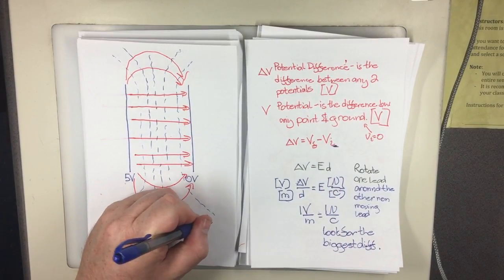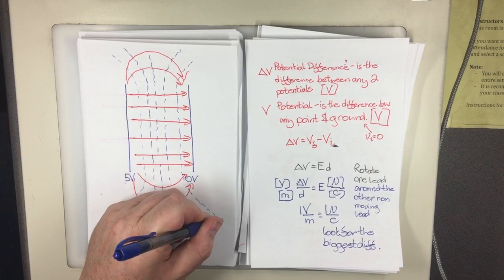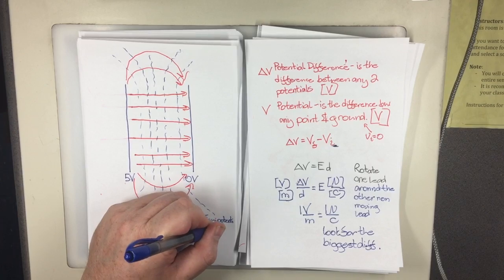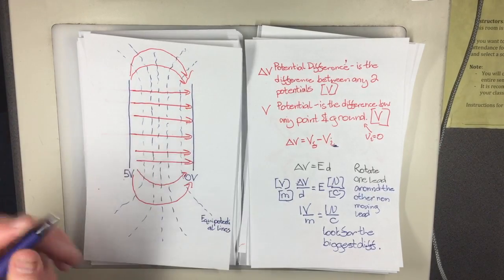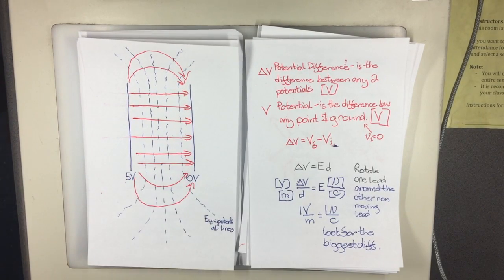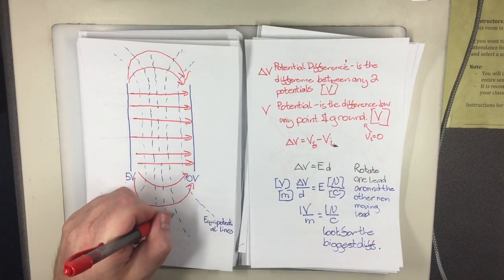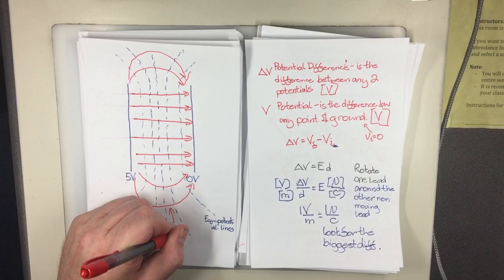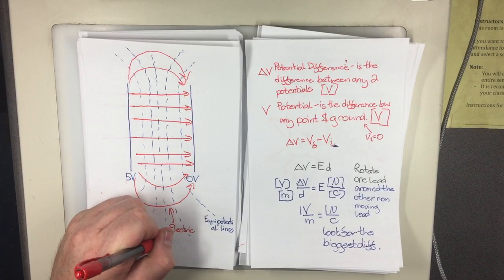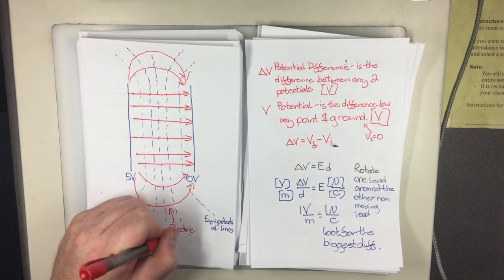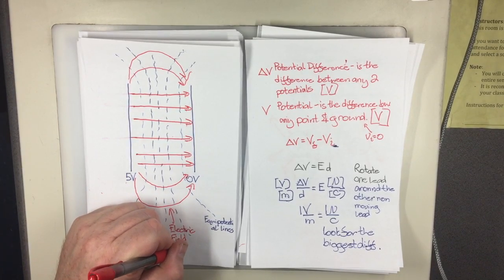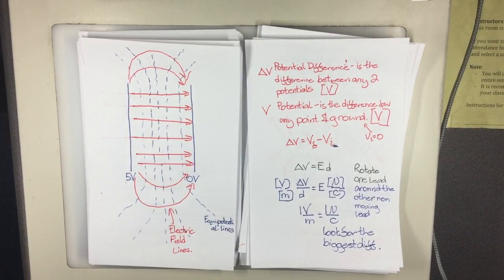So the equipotential lines are like that, and then the electric field lines are like that.